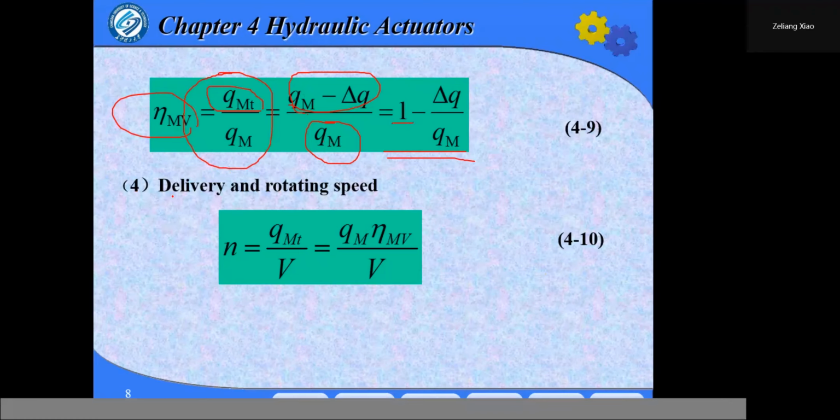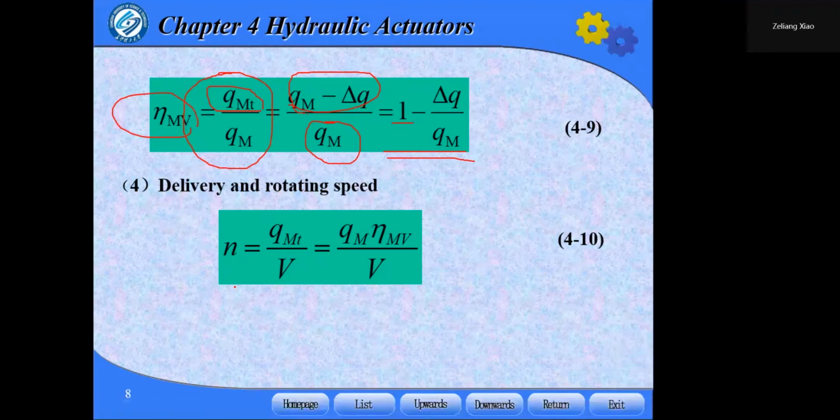The last one is the delivery and the rotating speed. The rotating speed can be calculated here.